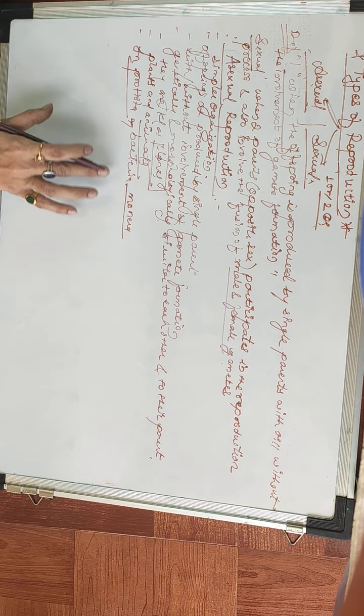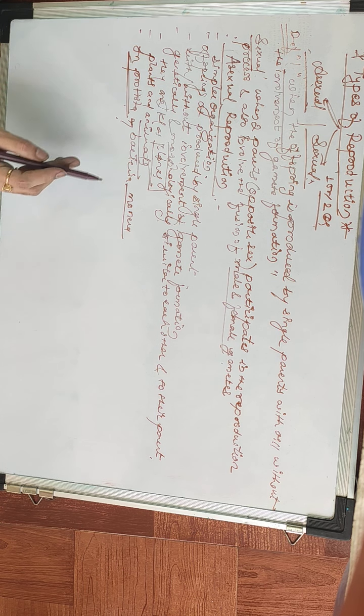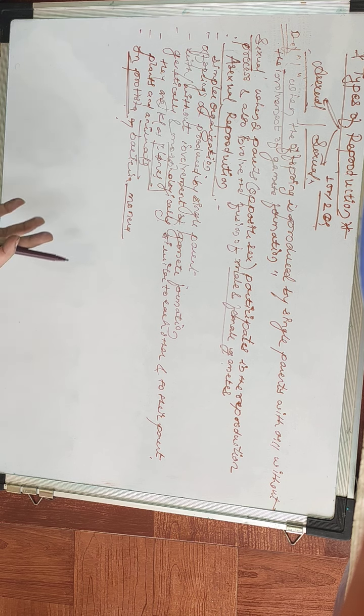So what will happen in protista? The classes are protista, Monera, algae, fungi and plantae.